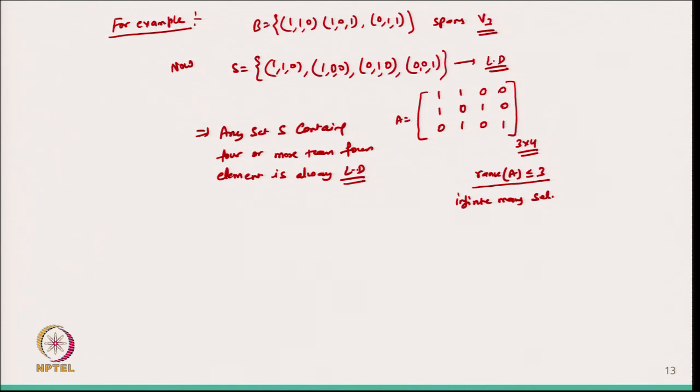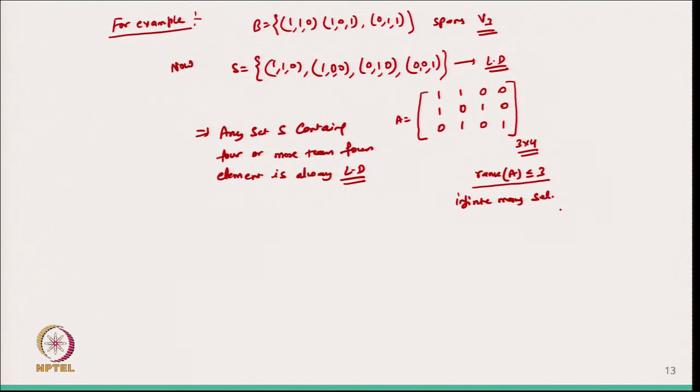Okay, so it will always be linearly dependent, and for 3 we know that it can be shown to be linearly independent, or 2 can be linearly independent, but more than 3 is always going to be linearly dependent. So, that is one of the ways we can use the previous theorem.